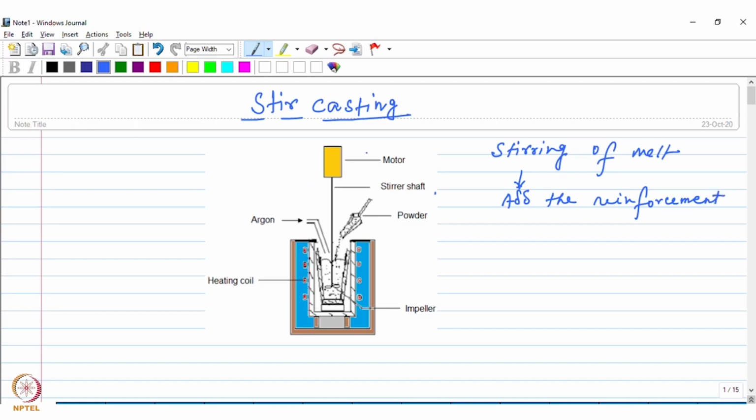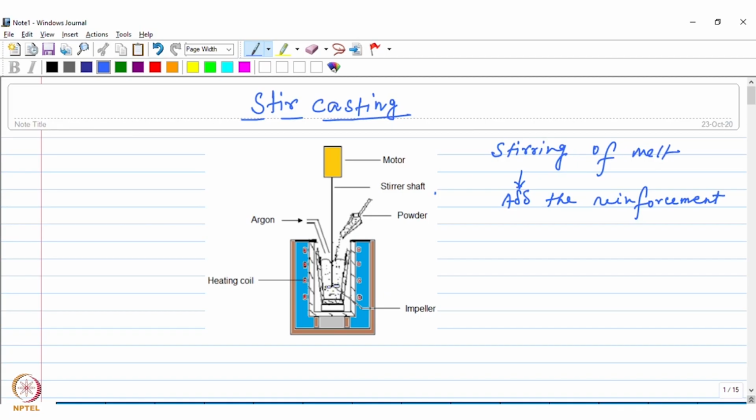This is a schematic of the process. So the metal is melted inside a furnace, and once it is melted, then a mechanical impeller is dipped into the liquid metal, as you could see from here. So this is the impeller that you have, right?